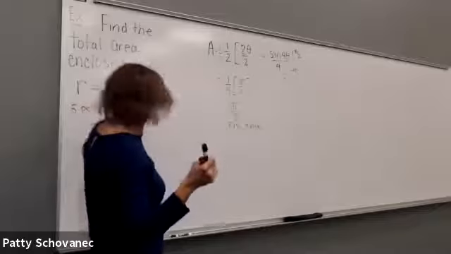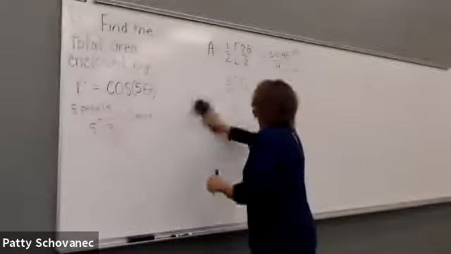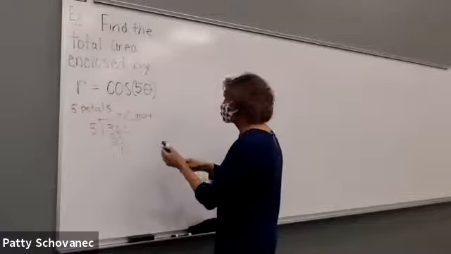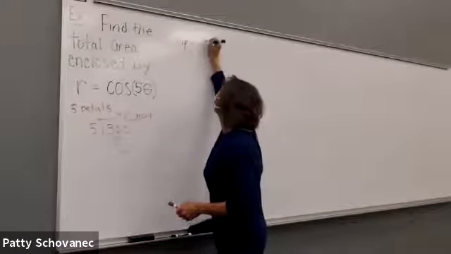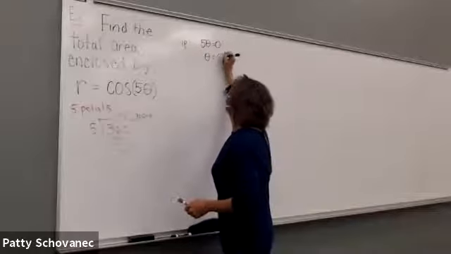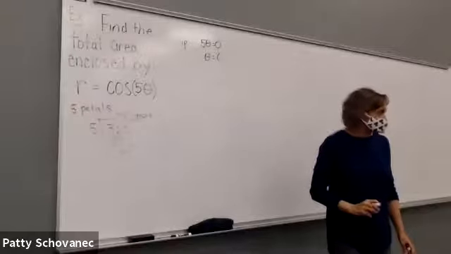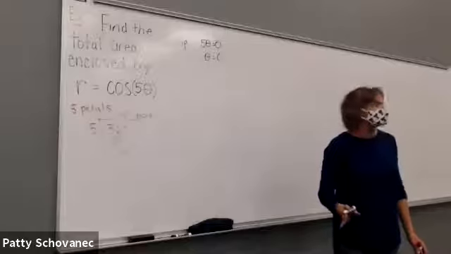So tip of the petal occurs when 5 theta is equal to 0. So it's 0. Okay? So write down the x-axis. Always happens with cosine, no matter how many petals we have.